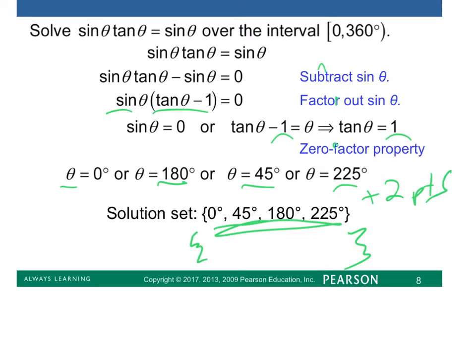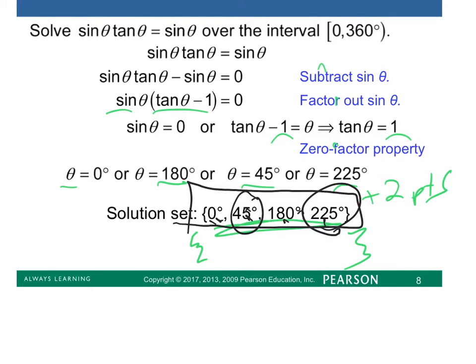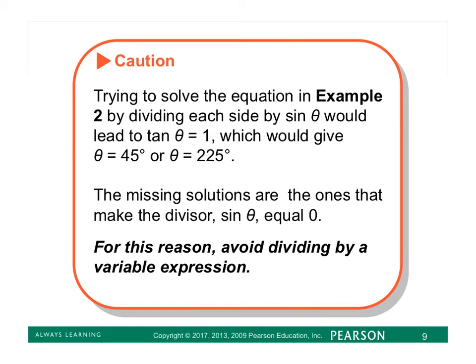Get our work. We had 4 answers. He put them in order here: 0, 45, 180, 225. You only got the 45 and the 225 answer. Is that what I wrote over there? You missed those two.